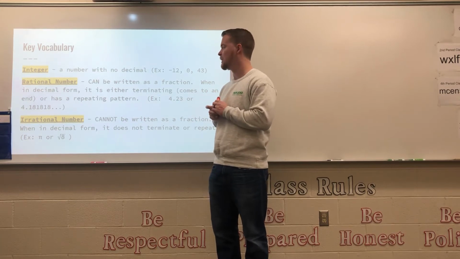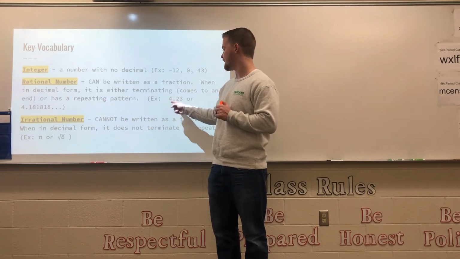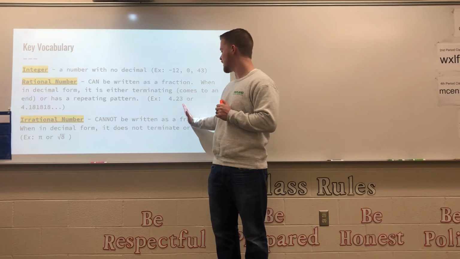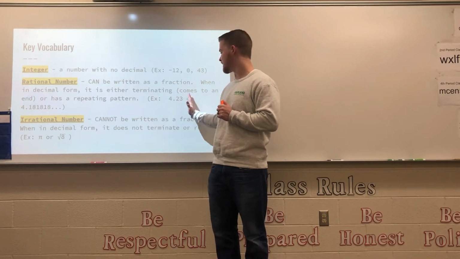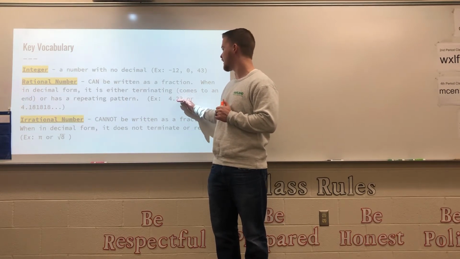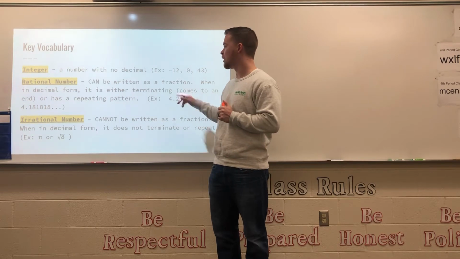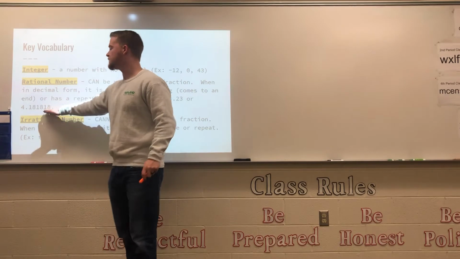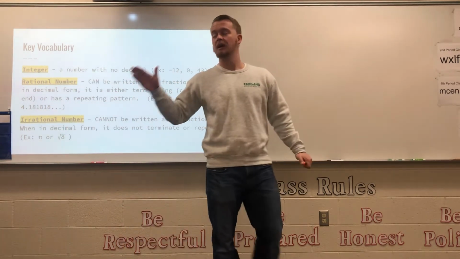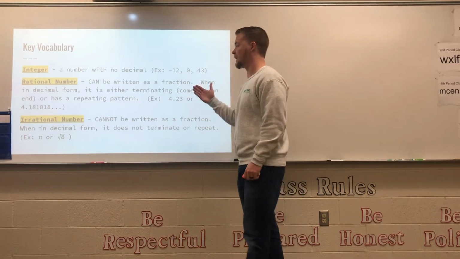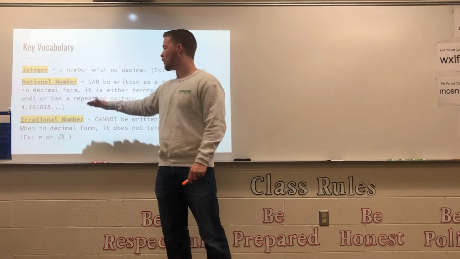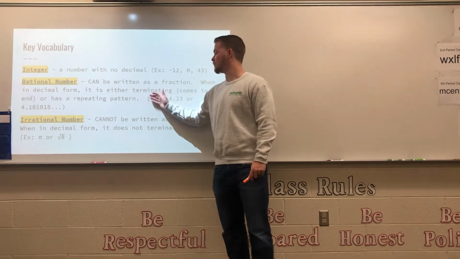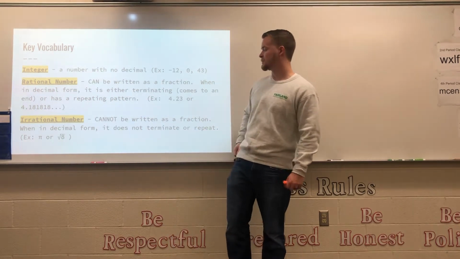That is also rational. Examples of that: 4.23 comes to an end, it terminates, so 4.23 is a rational number. Or 4.181818 and so on, it keeps going on forever as 18. That is also rational because it has a repeating pattern of 18 every time. So both of those are examples of rational numbers.